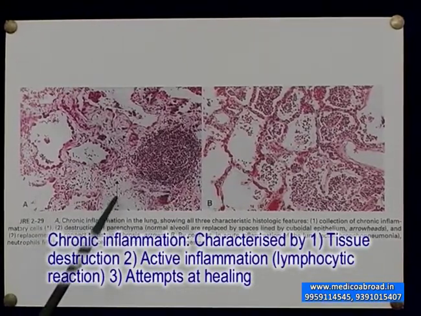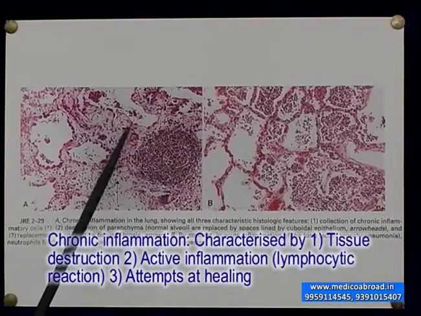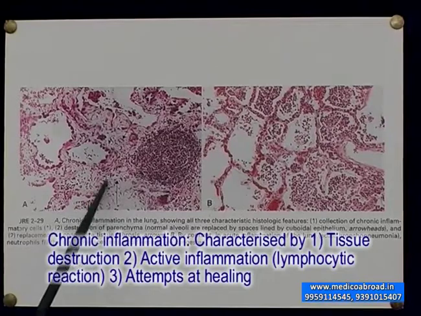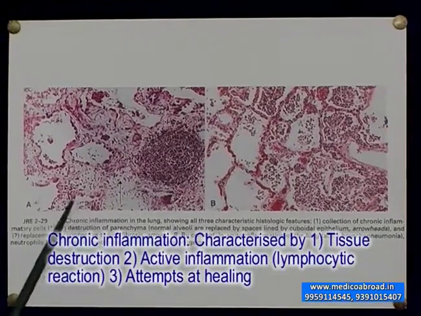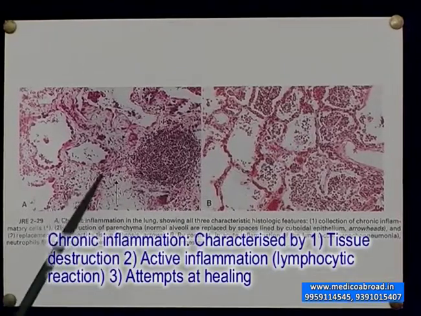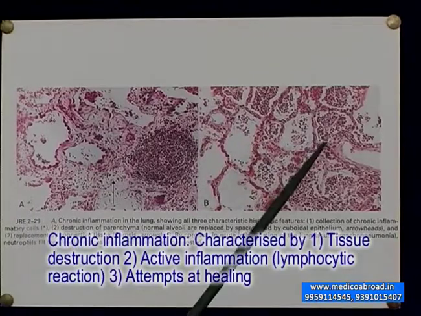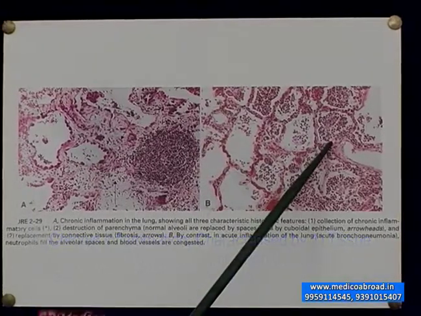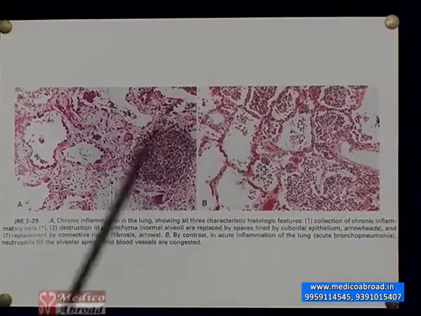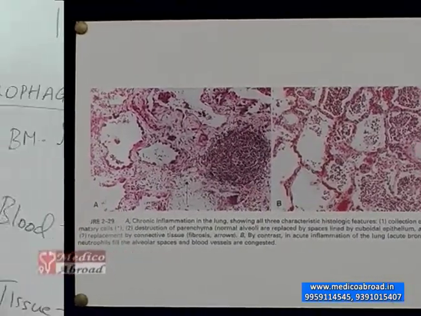Number 2, attempts at healing characterized by the presence of these fibroblasts seen by these arrows. And the third thing is the kind of cells that are present in chronic inflammation, which are lymphocytes and macrophages, in contrast to the cells here which are neutrophils. So these are the differences between chronic and acute inflammation of the lung.